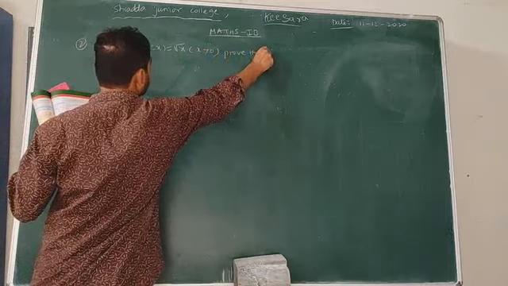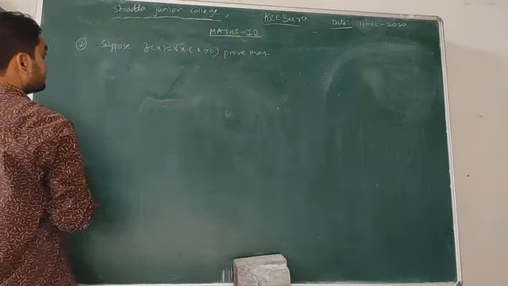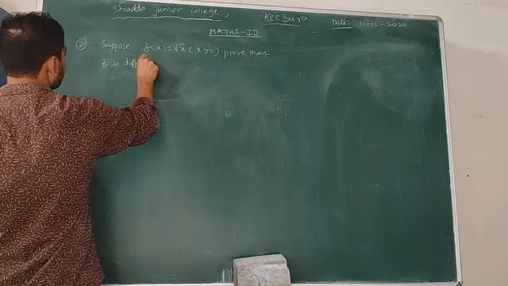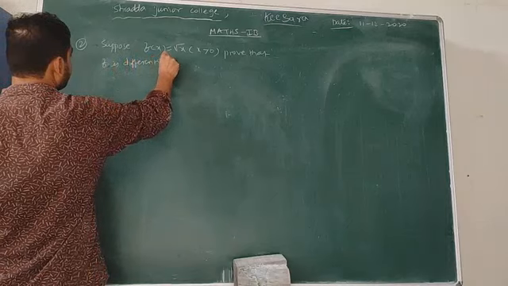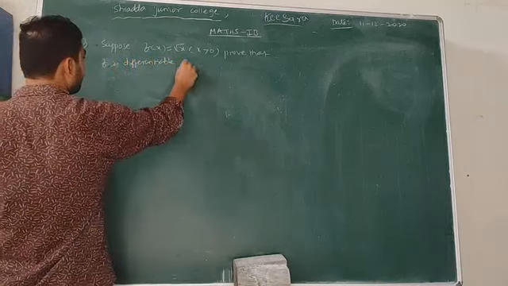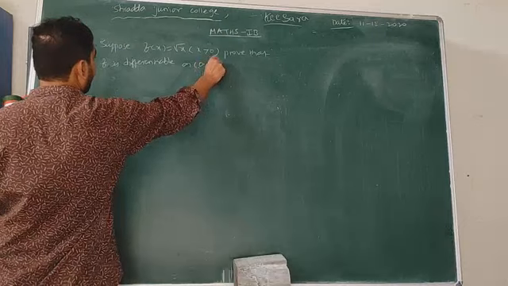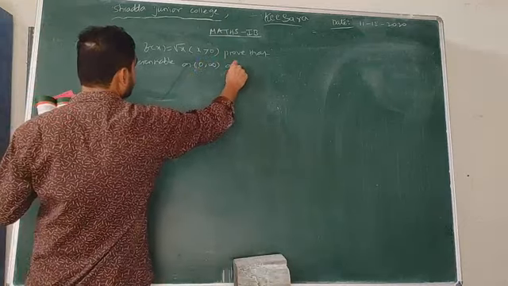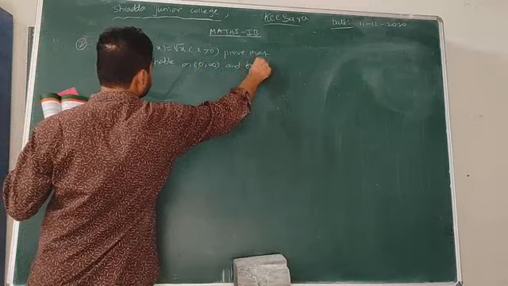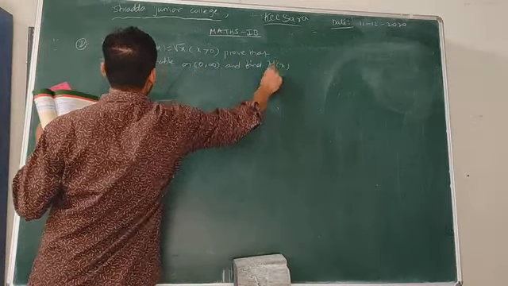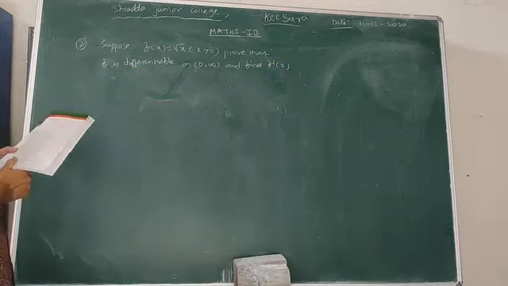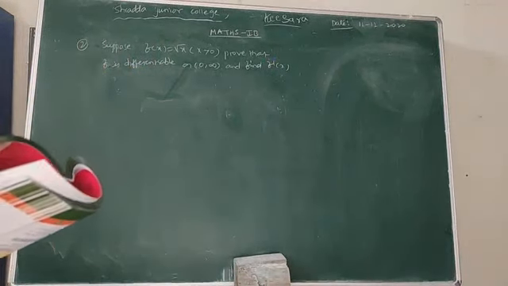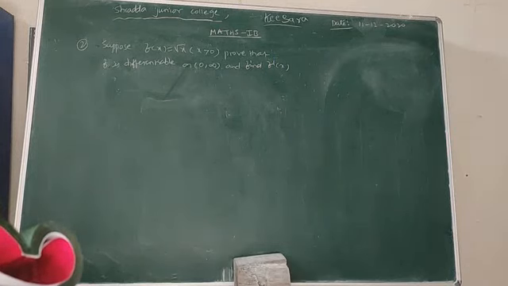Prove that f is differentiable on 0 comma infinity and find f dash of x.